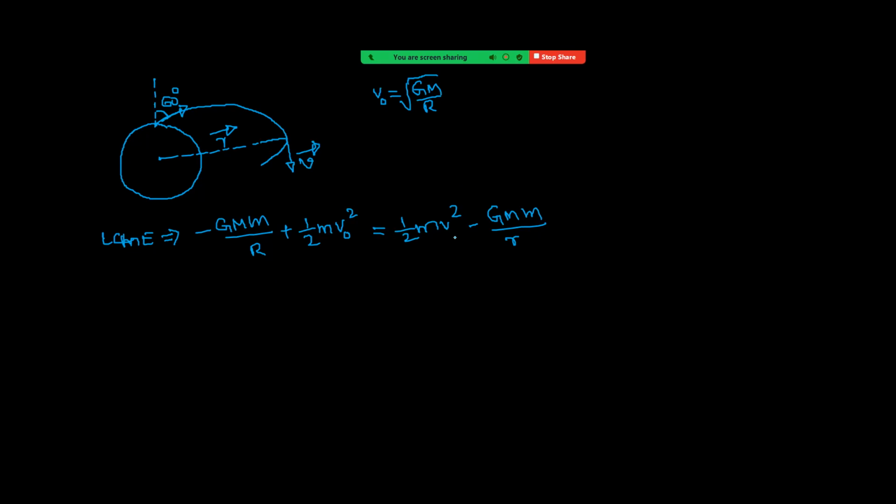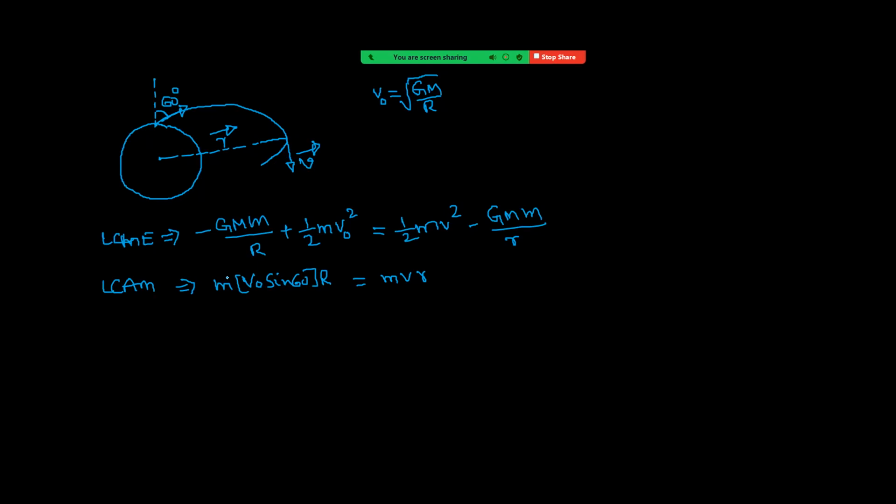Next, if you observe here, v is unknown and r is also unknown. We have two unknowns, so we require one more equation, that is the law of conservation of angular momentum. Initially m v naught sine 60 into Re is equal to, when the height is maximum, m v r, because between v bar and r bar the angle is 90.